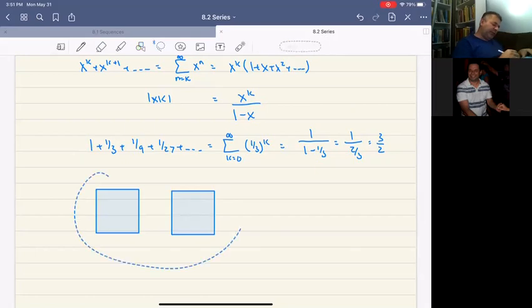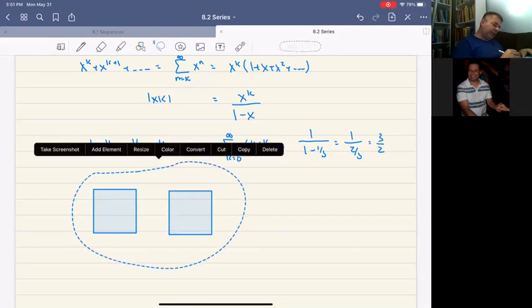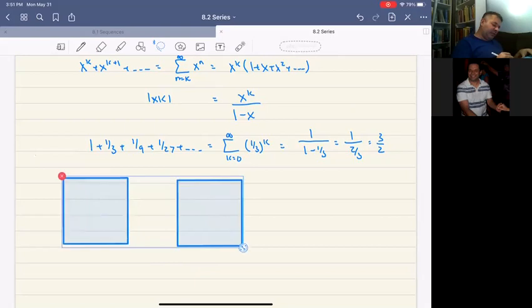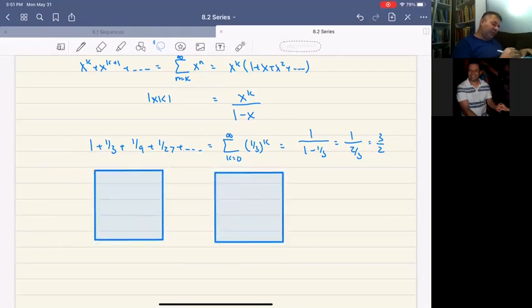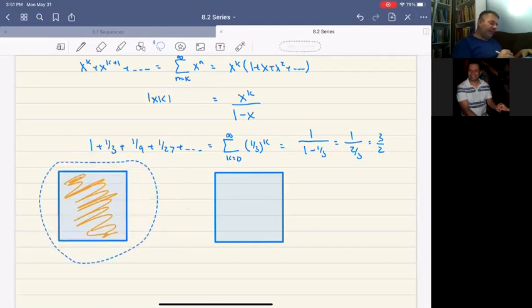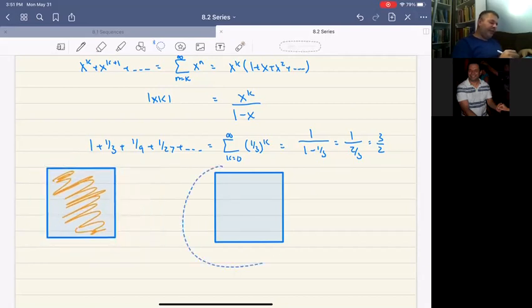I want to make these bigger. Okay, we're going to start shading it in. It's already shaded, but we're shading in with orange. We get one of them. That's representing this one. Now, we're going to take a third of this next box.